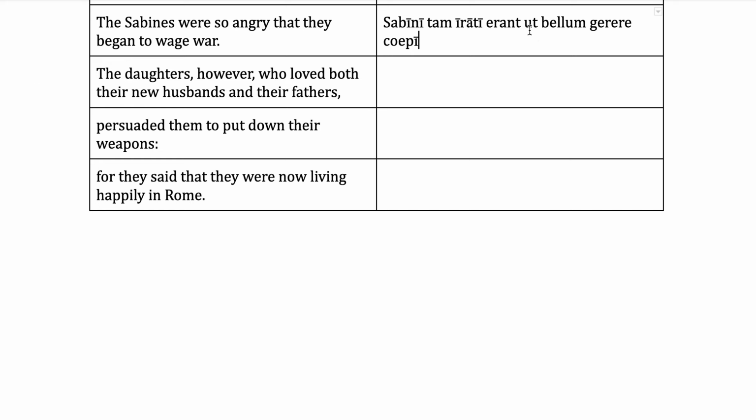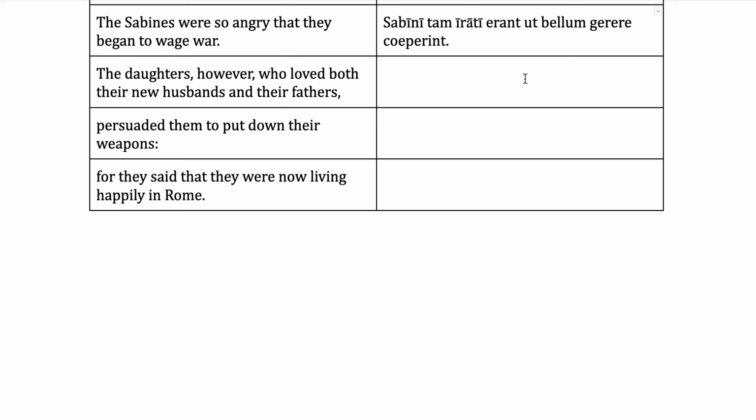We want subjunctive because we're in a result clause, and we want perfect because this is an action that did happen at a fixed time in the past. So what you do is you take that perfect stem, C-O-E-P, and you add the endings, and the endings are erim, eris, erit, erimus, eritis, erint. And in this case, it's going to be erint because it's third person plural.